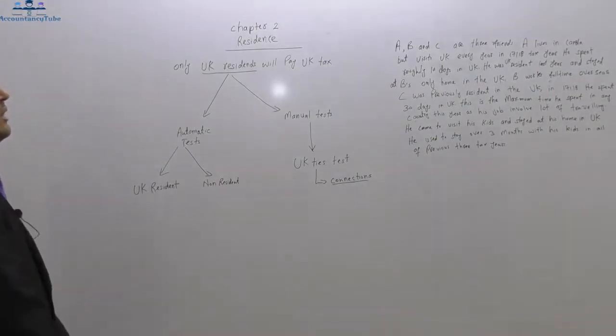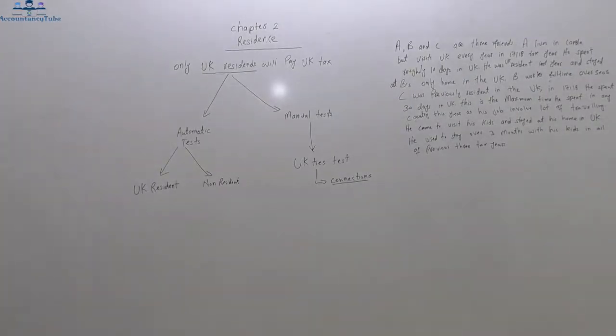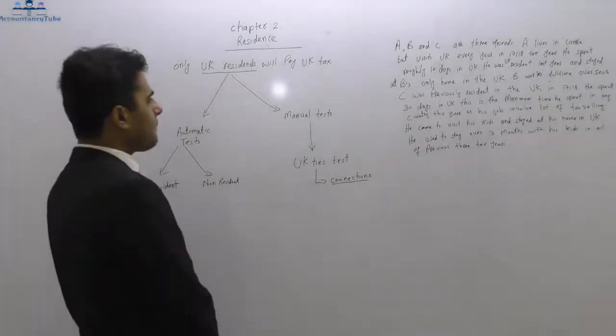And C was previously resident. Now it's the information about C. So C was previously resident in the UK. In 17-18, he spent how many days? He spent 30 days in the UK.